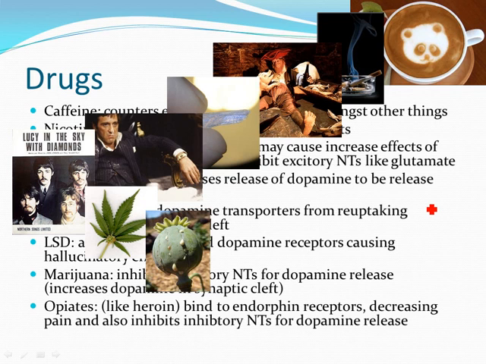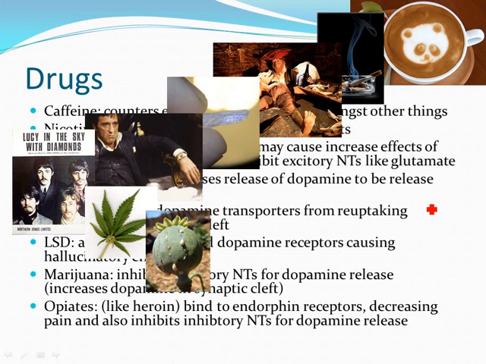Opiates like heroin, these end up binding to the endorphin receptors. And what do we talk about endorphins? What does endorphins do? Make you happy. Yeah, it does kind of, but it decreases the amount of pain, right? So if you have heroin or opiates, that's going to do the exact same thing. It's going to end up binding to these receptors, so you don't have to feel the pain.